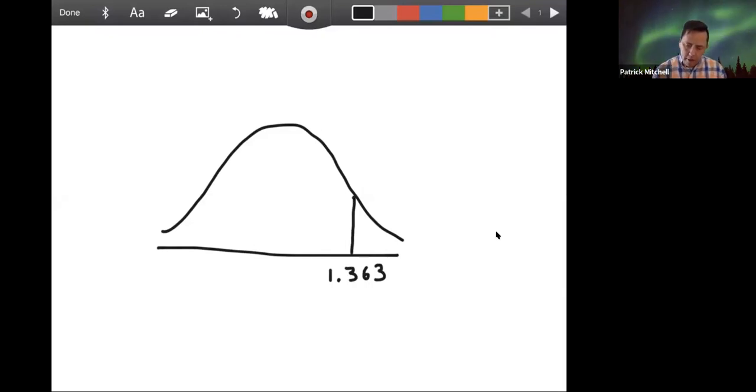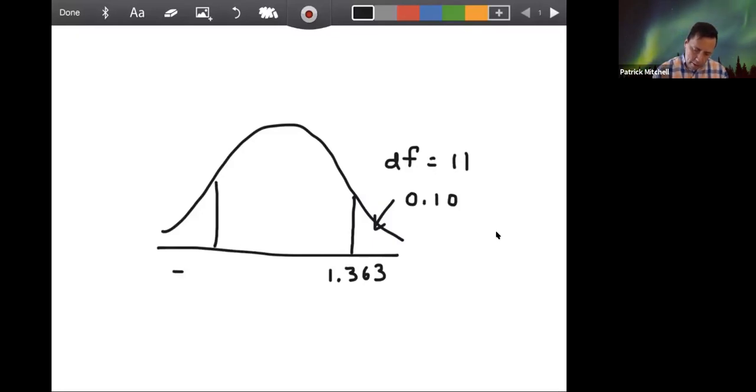So at 11 degrees of freedom, the 1.363 actually cuts off 0.10 of the distribution. Okay, but then there's another row that says that that t-value corresponds to an area 0.20 in two tails. And this is a two-tailed test, so that is the one that I want. Okay? So this area is also 0.10.